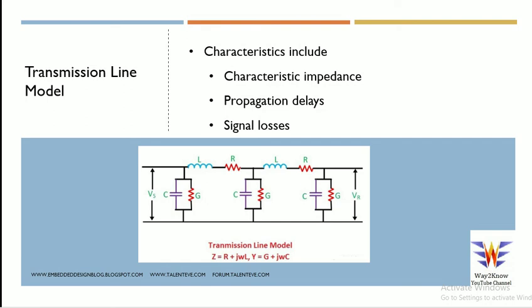So all these characteristics which are associated with the transmission line, whether it be characteristic impedance, propagation delay, or signal losses, would vary the signal that is traveling between IC1 and IC2. One point we have to say here is about all these assumptions that we are making. If you have already worked in high-speed designs, everyone knows that there will be more assumptions made here, more calculations that need to be done, more simulations need to be done.